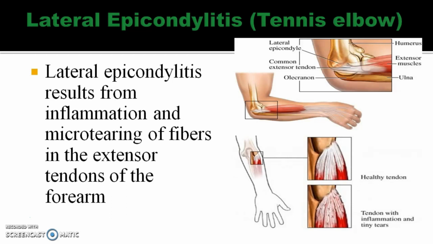While taking origin in that part, they will be having the tendons or the ligaments related to the muscle where it is taking origin, no? So those muscle fibers will undergo some micro tearing, or in some cases we will be having inflammation happening in here. So that condition we call tennis elbow. So mostly it is happening in tennis players' hands, so we are calling it as tennis elbow. The actual name for this is lateral epicondylitis.